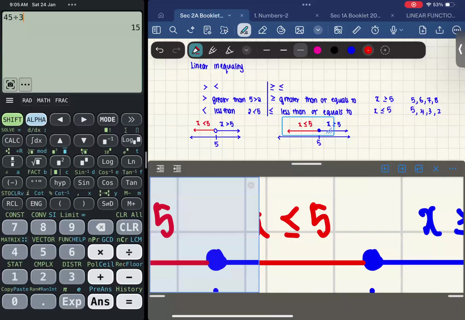How to memorize: for your less than and greater than, you don't have the extra line at the bottom, so when you draw your circle you do not need to put in the extra effort. But your greater or equals to has an extra line at the bottom, so when you draw a circle you have to do something extra. You have to shade the circle. Is that okay?